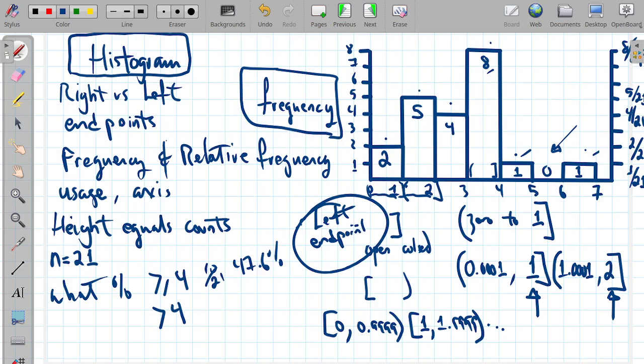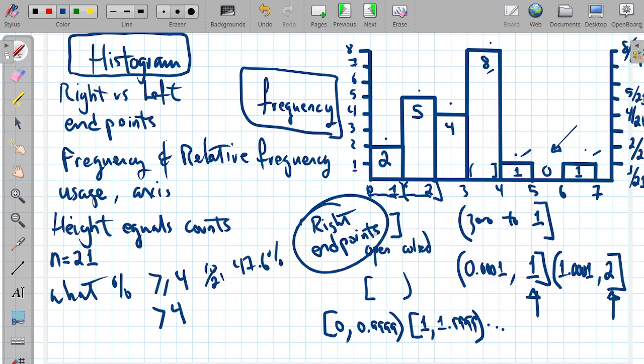Control Z's your friend, by the way, on the keyboard. We are using right endpoints. It's the included point.